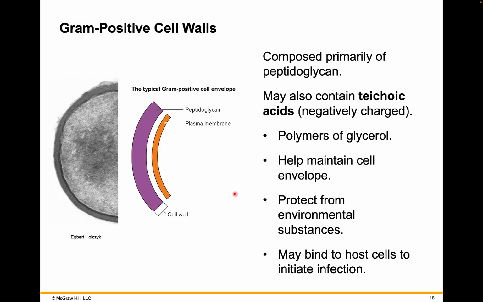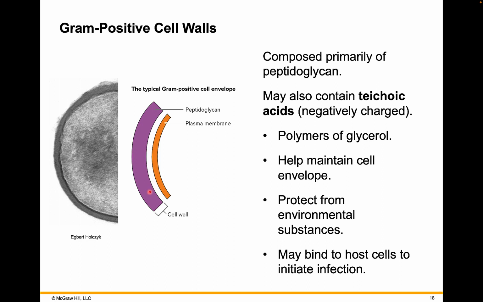So now let's take a look at how these peptidoglycan structures are associated with the gram-positive and the gram-negative cell wall. As you can see, in the gram-positive cell wall, you have the plasma membrane and you have a thick cell wall right here. And these are much, much thicker compared to the other structure, could be even 70, 80 nanometers thick.